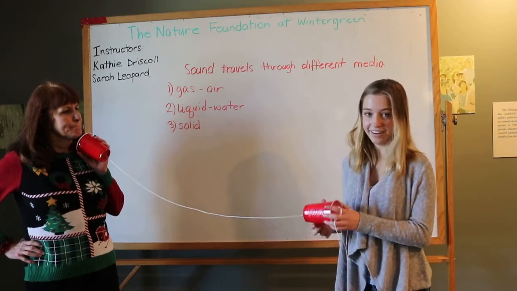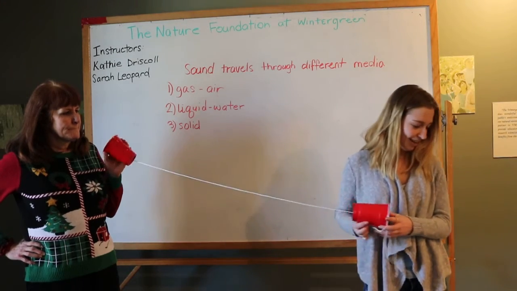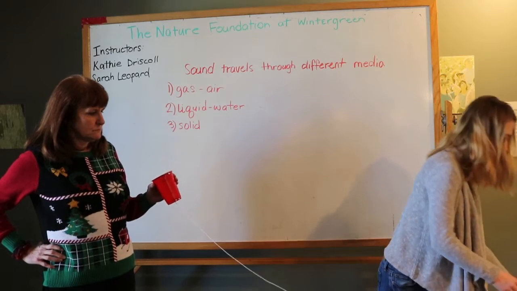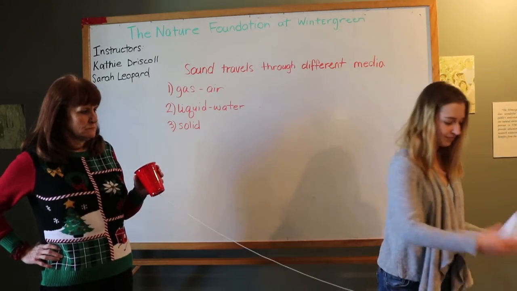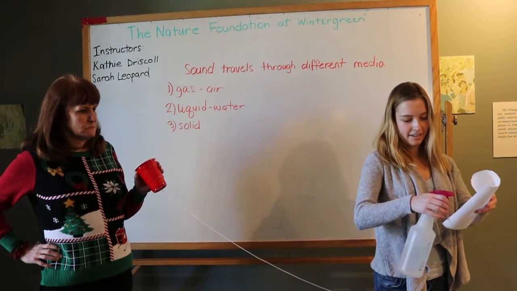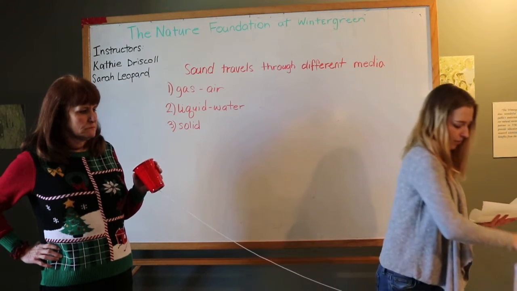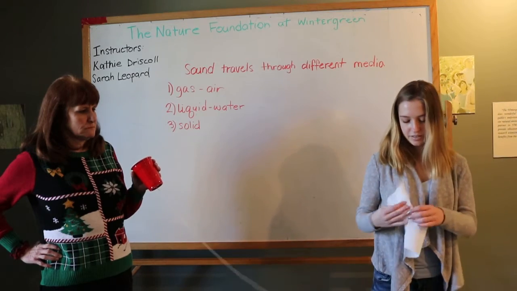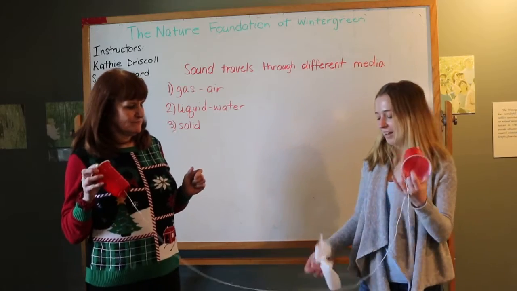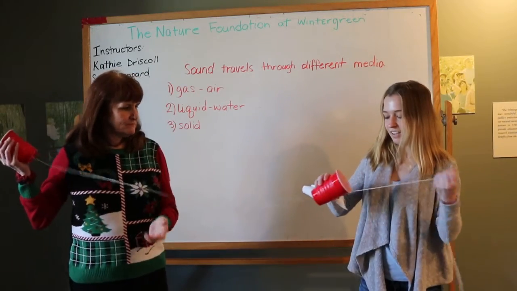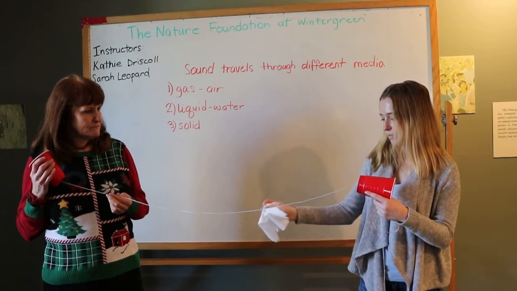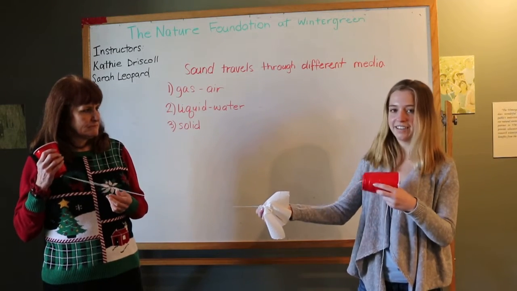We can make it louder, so what we're going to do in the next step is I'm going to take a paper towel and wet it with some water that I have in this spray bottle. And so what the water is going to do when I rub the string is create friction, and this friction from the water is going to amplify the sound.